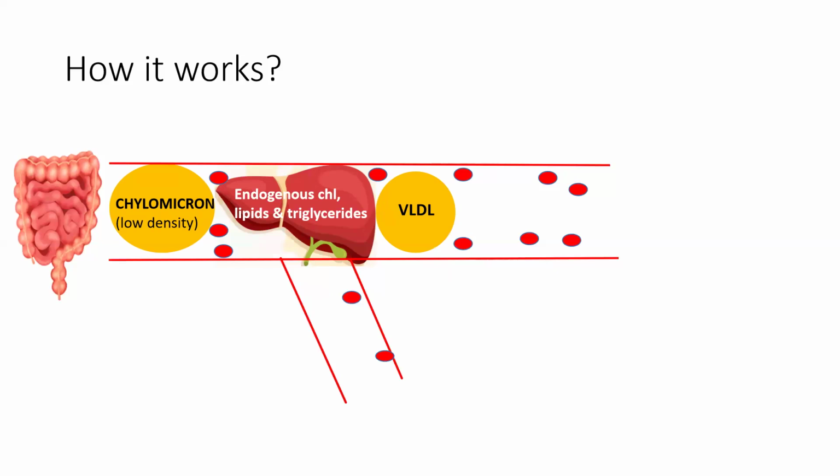Then this very low density lipid moves through the bloodstream to various organs, and the muscles and adipose tissue utilize the triglycerides and a few of the other lipids from the VLDL for their functions in the body, and then LDL is released, which is low density lipid.